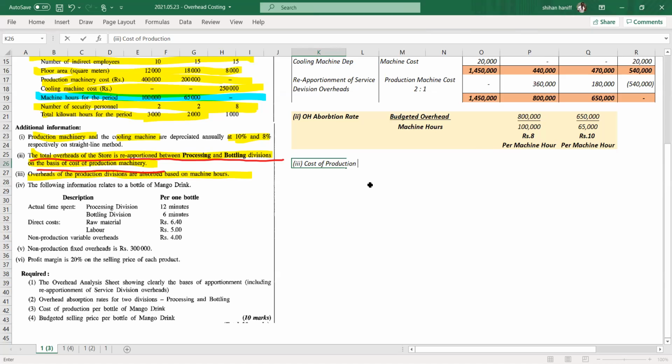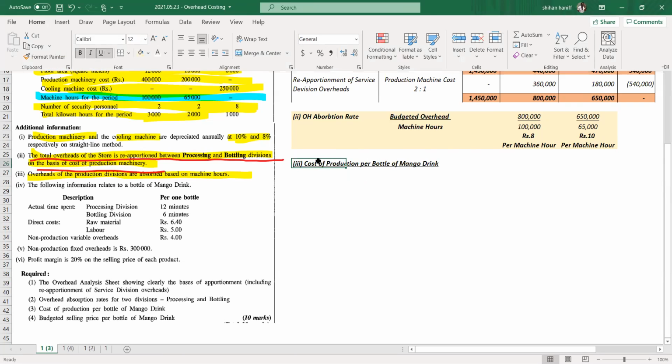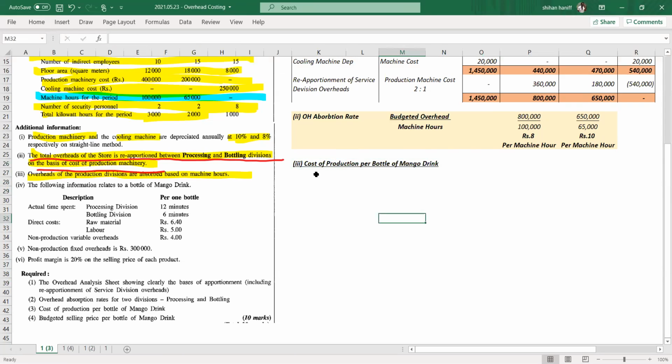Cost of production per bottle of mango drink.